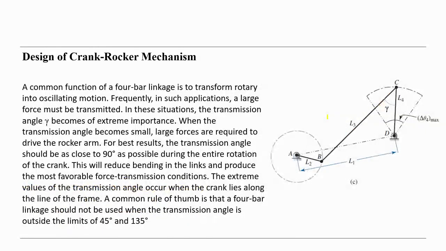A common function of a 4-bar link is to transform rotary motion into oscillation. This is interesting. So if there's such a task or problem, then we can use the crank rocker mechanism.